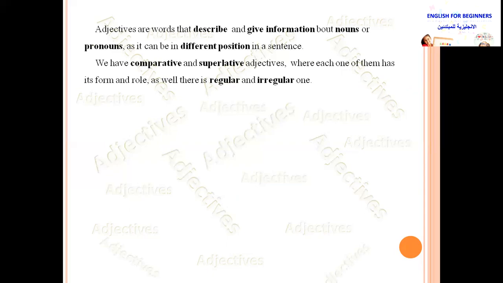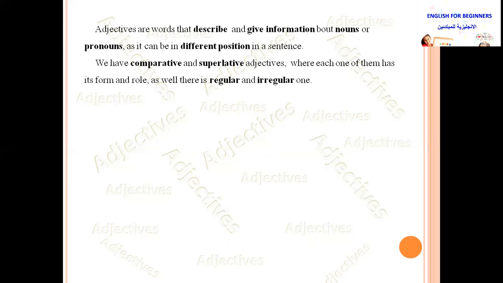Adjectives are words that describe and give information about nouns or pronouns. هي أيضا تعتبر كلمات والتي تصف لنا أو تعطينا معلومات حول الاسم أو الضمير. This is the difference between the adverb and the adjective, as it can be in different positions in a sentence.